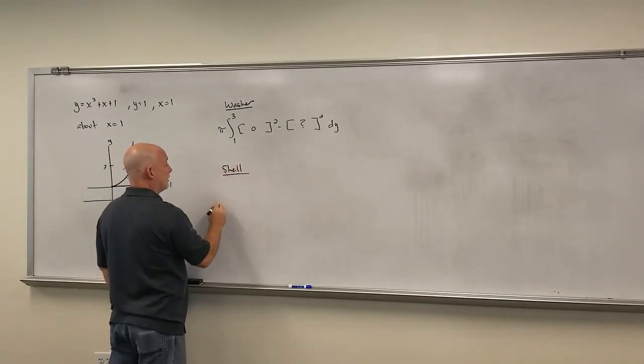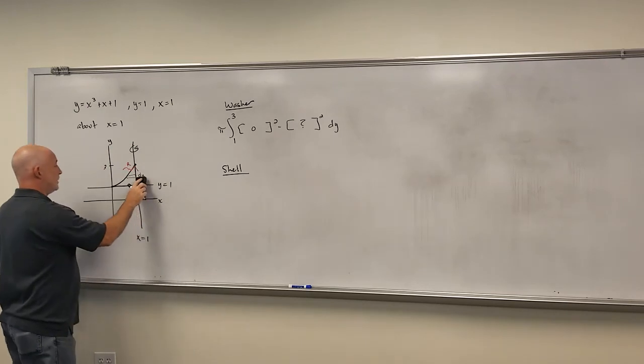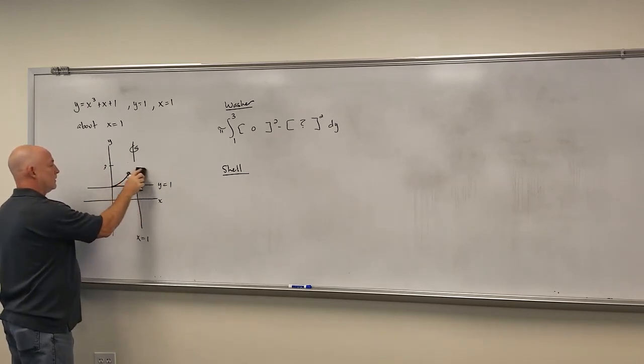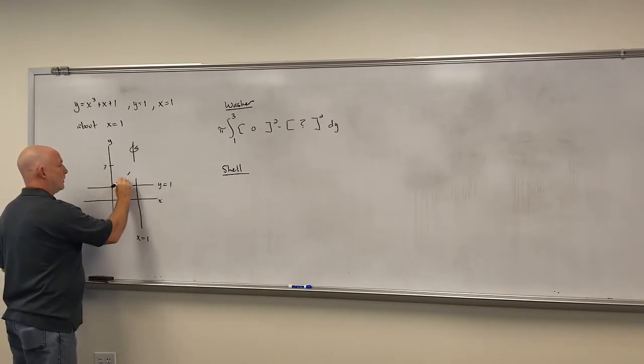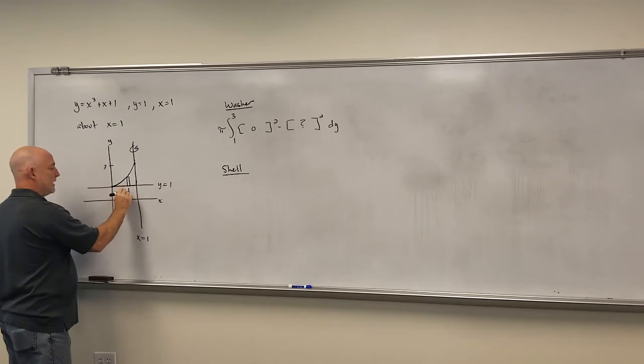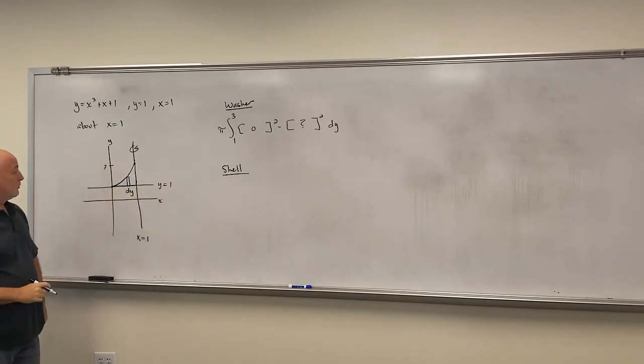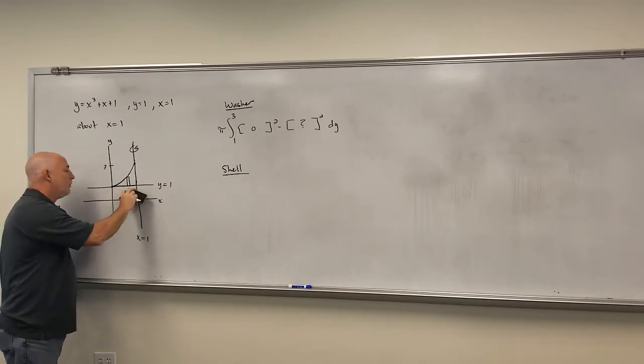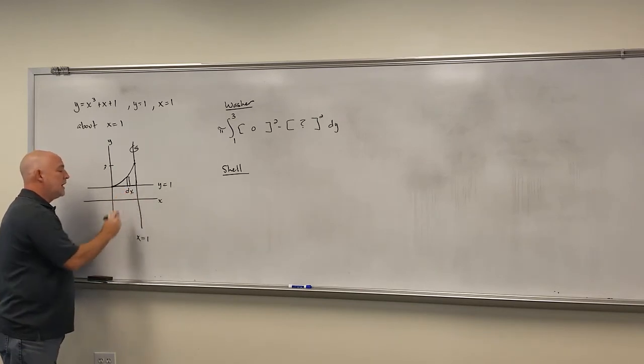However, the shell method, let's just change this up just a little bit. Our shell method. Now our representative rectangles go parallel to the axis of rotation, and we have a little piece of dx.